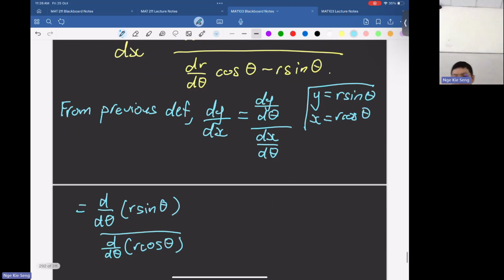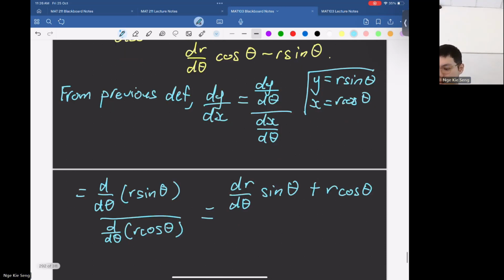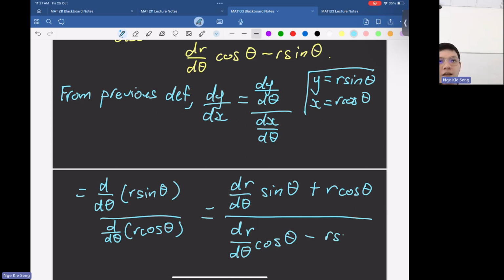So r is also in terms of theta, meaning you need to differentiate a product of functions, or you need to do the product rule. So what's the product rule here? dr/d theta sine theta plus r cos theta, over dr/d theta cos theta minus r sine theta.